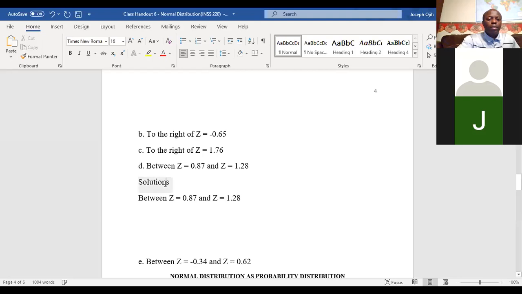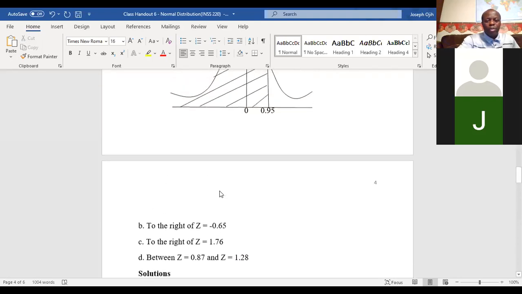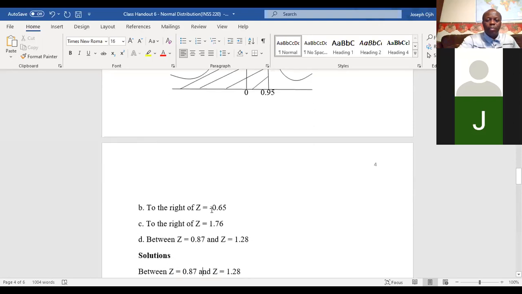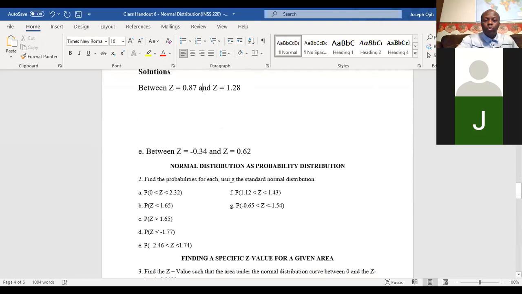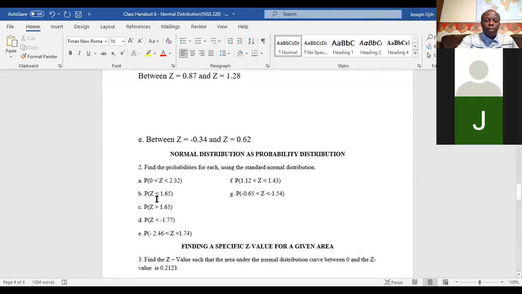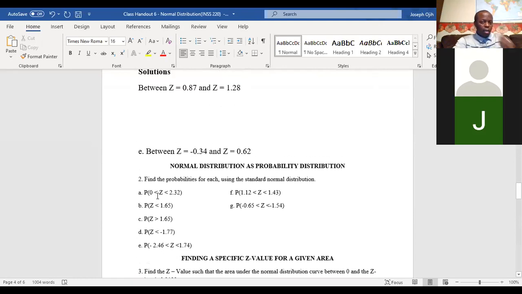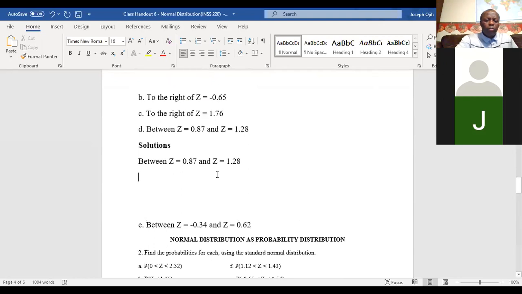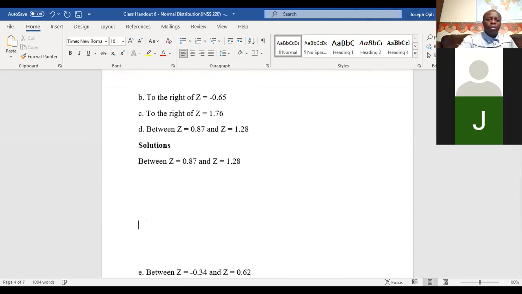Again, notice that I skip this one because I know they're basically the same thing. Like this one is gonna be to the right on the negative side. And because we are going to do more examples here, when we look at it as a probability value. So now, between these two values, again, we draw our charts first of all.